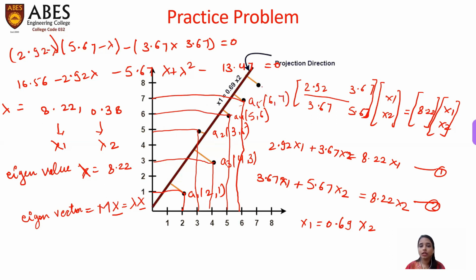The last data point A6 is 7, 8: 7 on the x-axis and 8 on the y-axis. So here we have mapped all our data points in relation with our eigenvector.